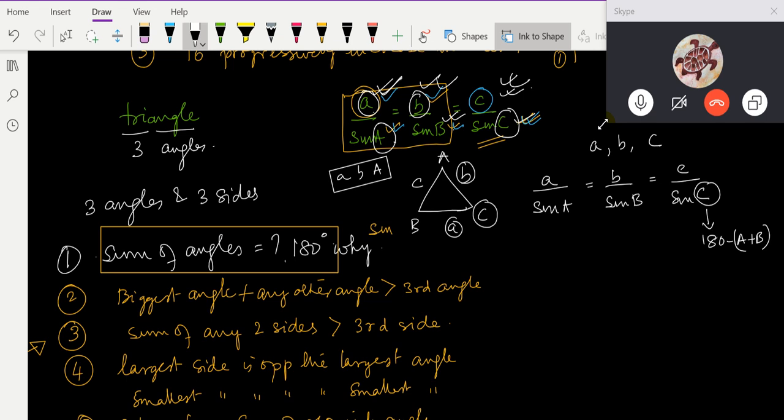So this becomes equal to c over sine of 180 minus (A plus B), correct? So sine of 180 minus x is equal to sine x.